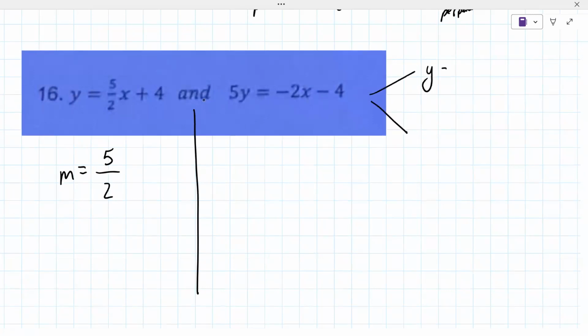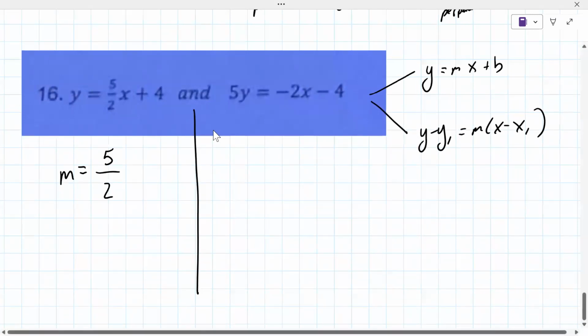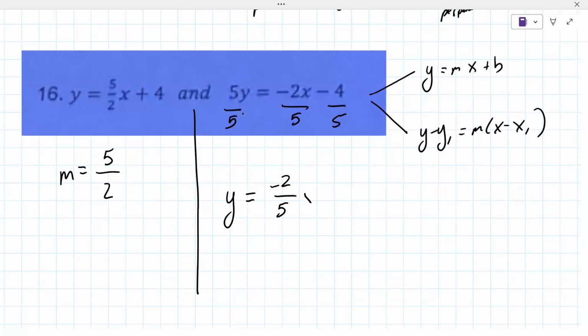Now, the problem with what's on the right is it's not in either of the forms where we can determine the slope. In short, it's not solved for y. So to solve for y, we have to divide everything by 5. So it becomes -2/5 x -4/5, like that.